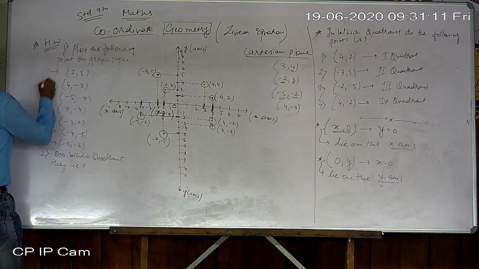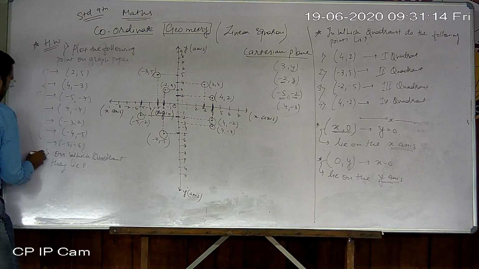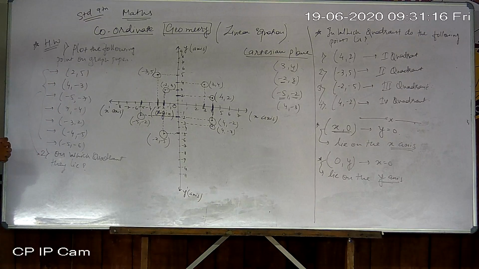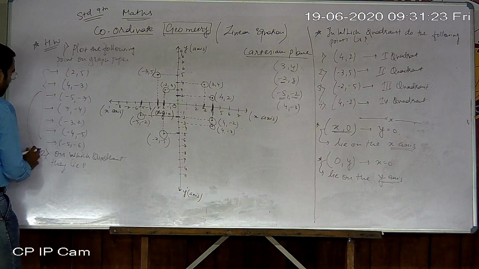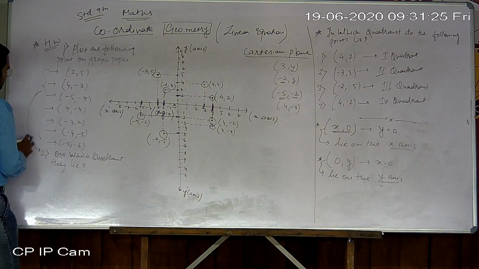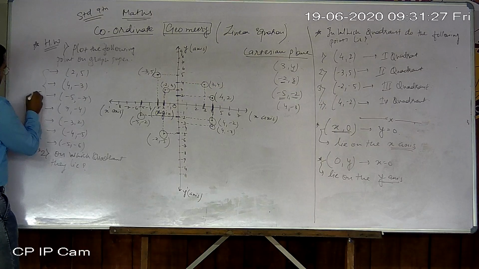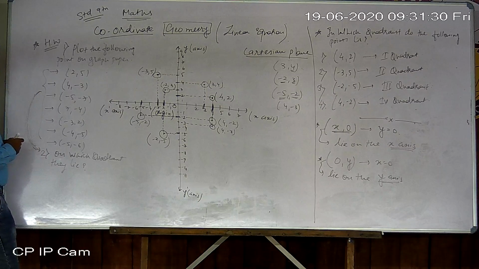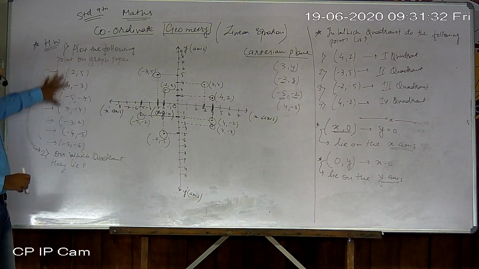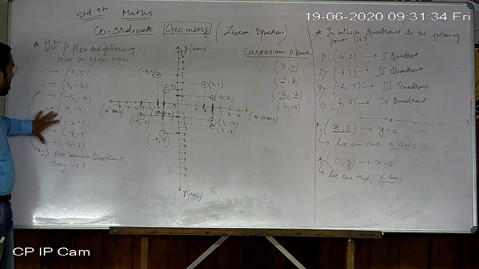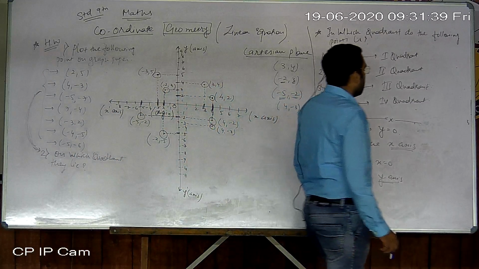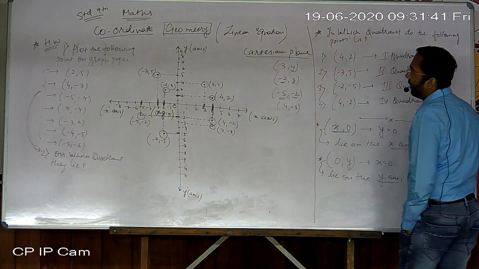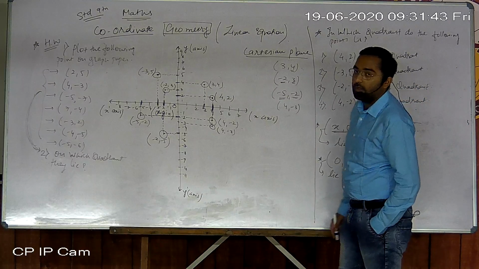For all of these points, you also write the second question, that is on which quadrant they lie. Okay, so please write two questions. The first question is to plot all of the given points, and also write on which quadrant the given points lie.